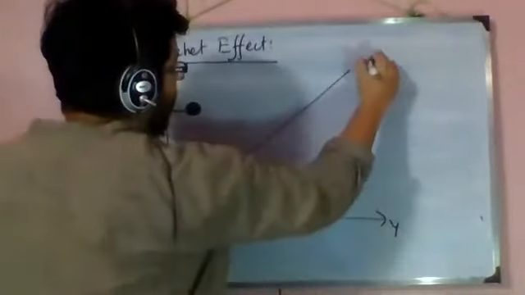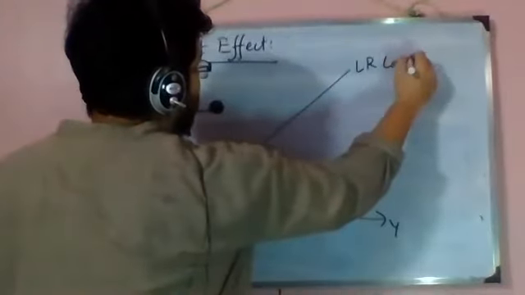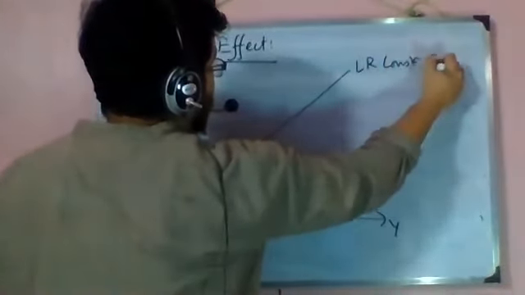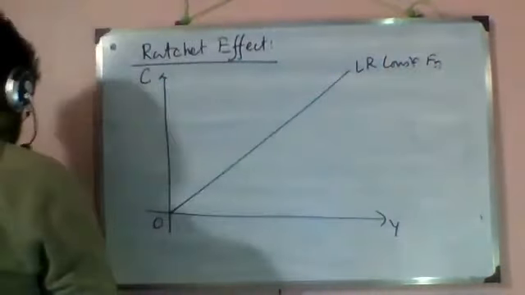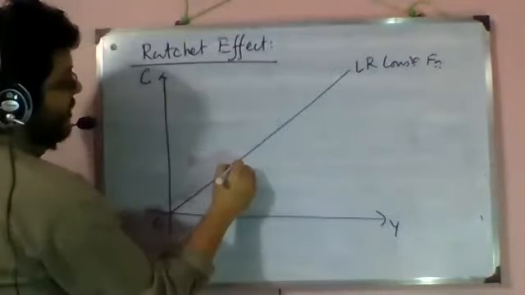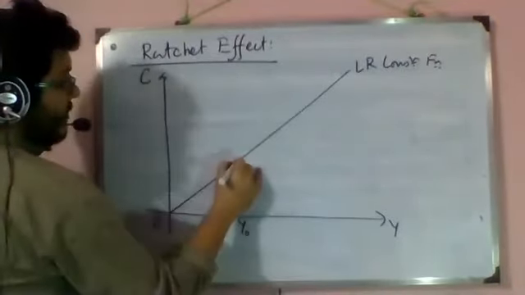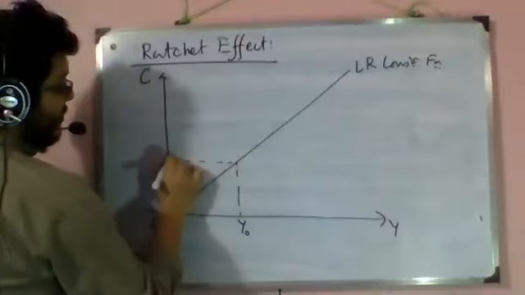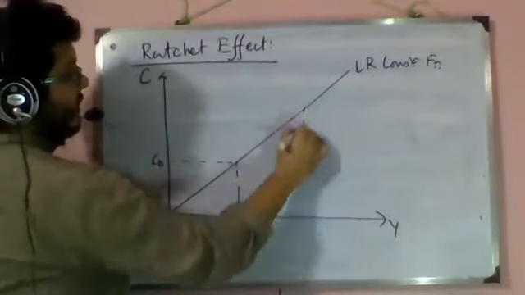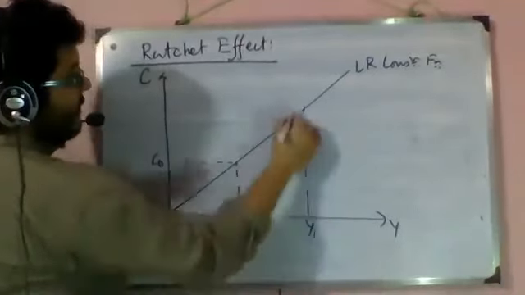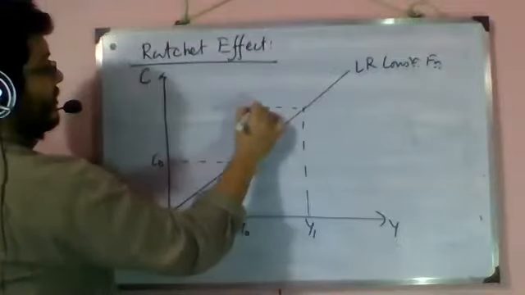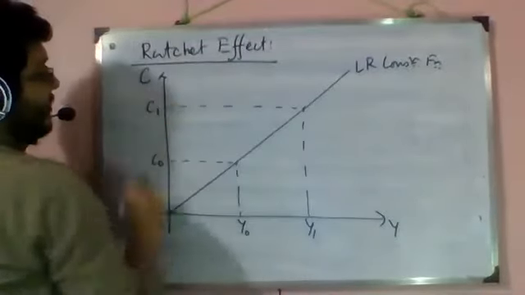So this is our long run consumption function. Let us take 2 points, Y naught and the corresponding consumption C naught, and then Y1 and the corresponding consumption C1.